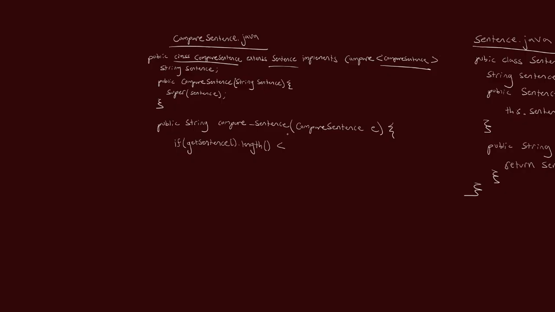The first sentence comes from this class sentence, and the second sentence comes from this parameter. So we will have to do e dot get sentence, and then we get the length. I'll show you later on in the main method how this technique is working.